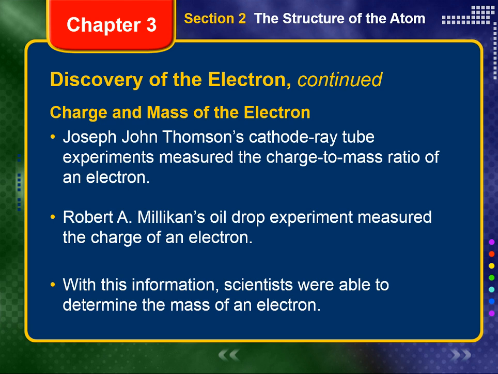Based on what was learned about electrons, two other inferences were made about atomic structure. 1. Because atoms are electrically neutral, they must contain a positive charge to balance out the negative electrons. 2. Because electrons have so much less mass than atoms, atoms must contain other particles that account for most of their mass.